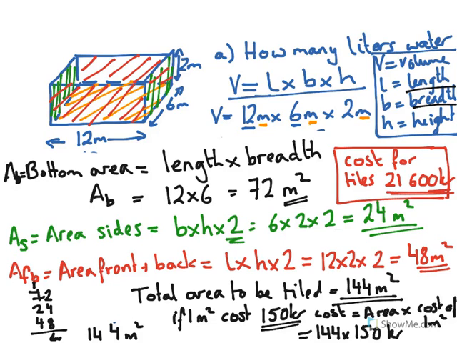Okay, so if we were going to tile this pool, that would be 21,600 kronas, which is about 2,000 euros, about 2,000 pounds. So quite a lot of money to tile our pool. So there were lots of different aspects involved in solving this little question.